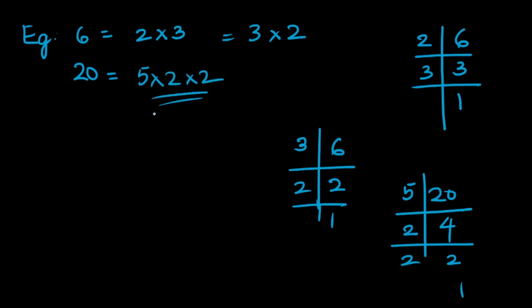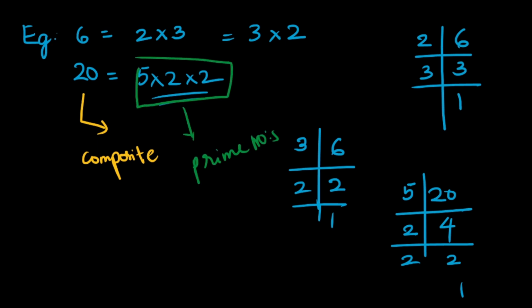This is the prime factorization of 20, which is a composite number, right? So here this is the composite number, and this is your prime numbers. And expressing this composite number as a product of prime numbers is called the fundamental theorem of arithmetic.